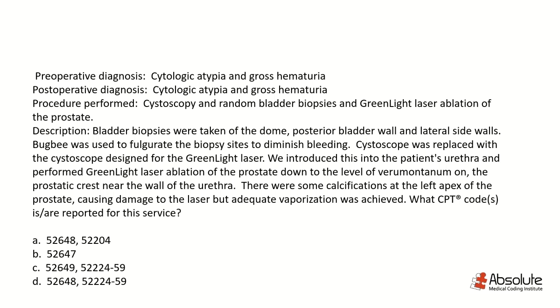We introduced this into the patient's urethra and performed green light laser ablation of the prostate down to the level of verumontanum on the prostatic crest near the wall of the urethra. There were some calcifications at the left apex of the prostate, causing damage to the laser, but adequate vaporization was achieved. What CPT codes are reported for this service?